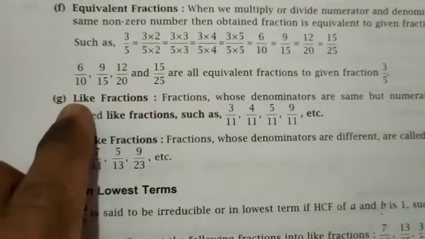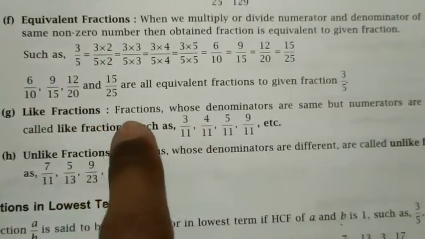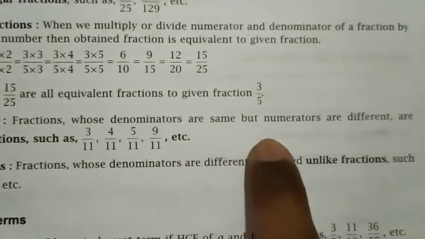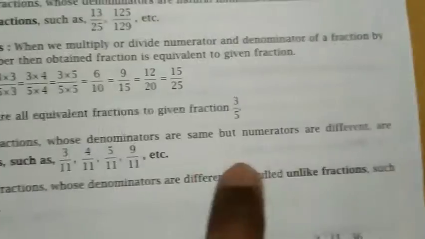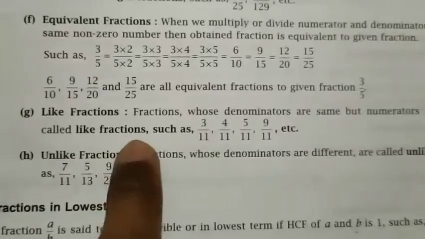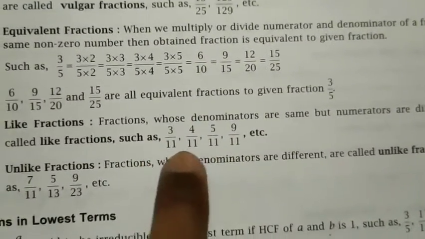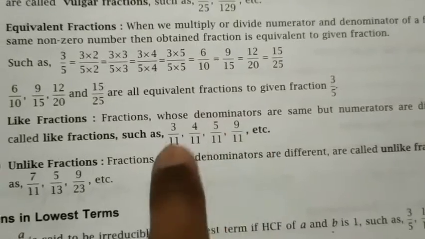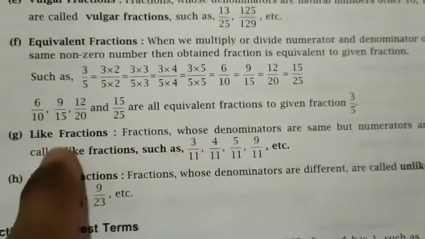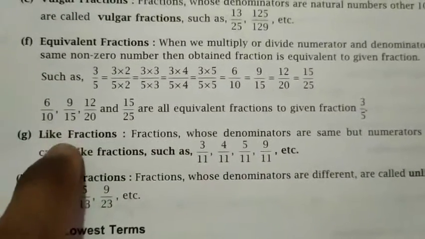Now the next, like fraction. Fractions whose denominators are the same but numerators are different are called like fractions, such as 3 upon 11, 4 upon 11, 5 upon 11. As you can see, in all the fractions the denominator is the same, so they are like fractions.